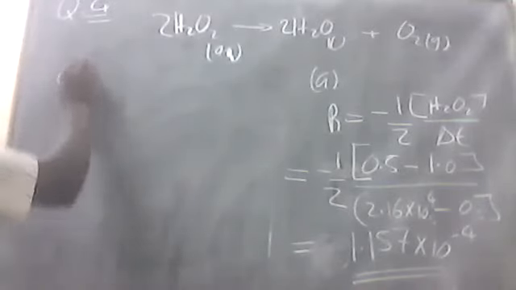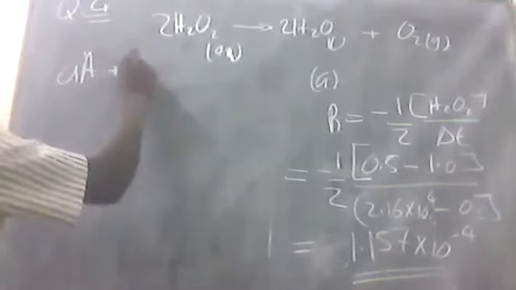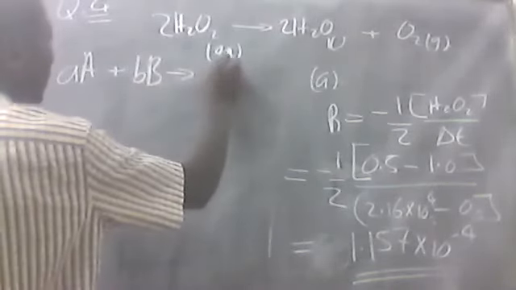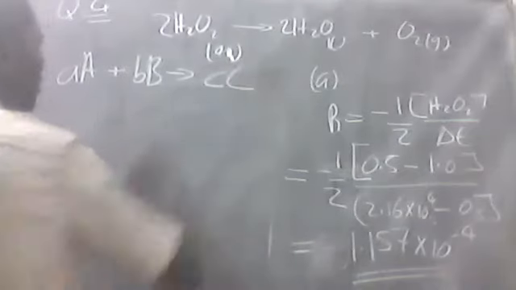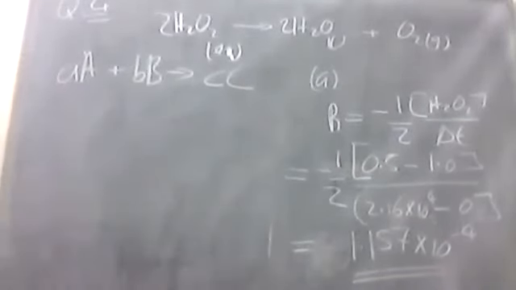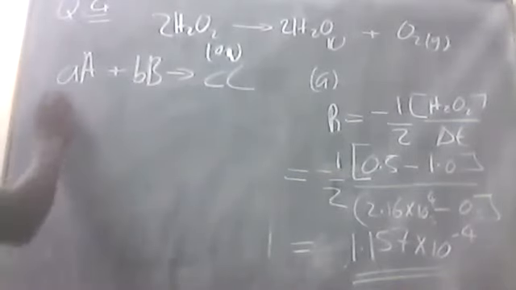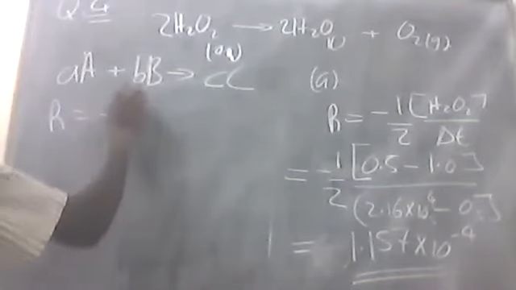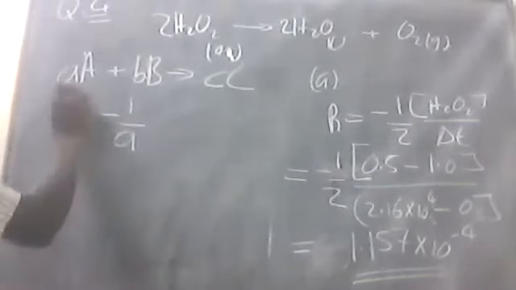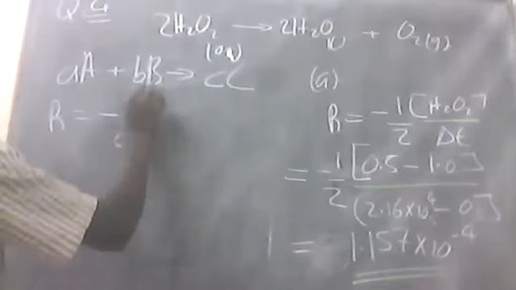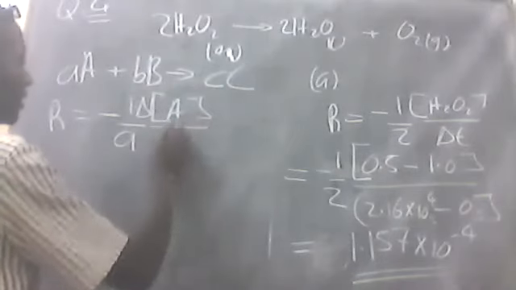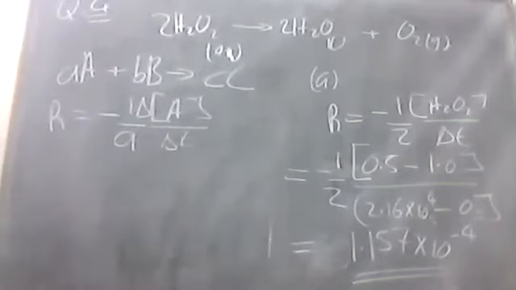If you have equation A plus B gives us C, the rate of reaction R is equal to, for the reactant, minus 1 over the coefficient of A times the change in concentration of A over the change in time.